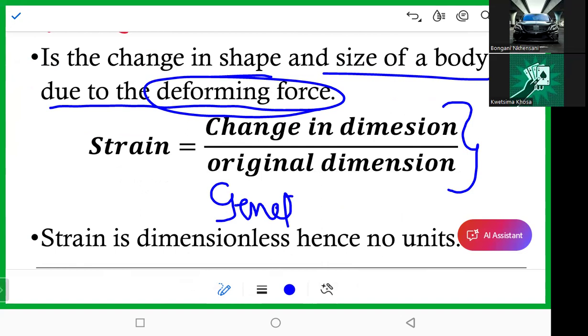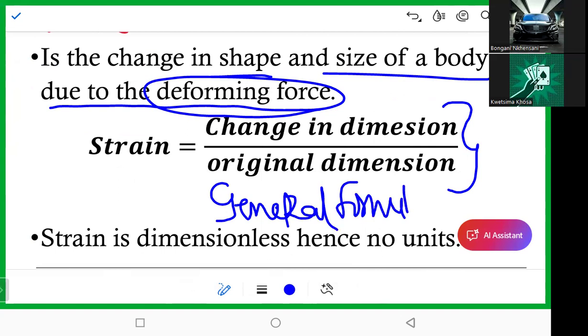Now we move. So we've got types of strain, we've got three of them. We have longitudinal. This one talks about what? The length. V, volumetric, volume. Even the names are speaking for themselves. This S is the shape of our object.